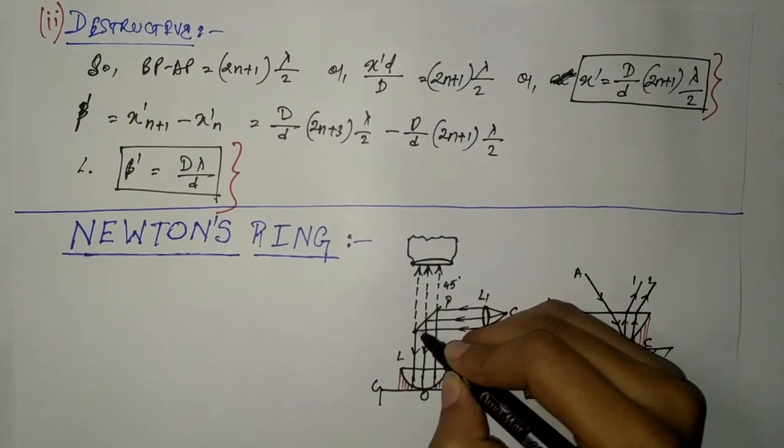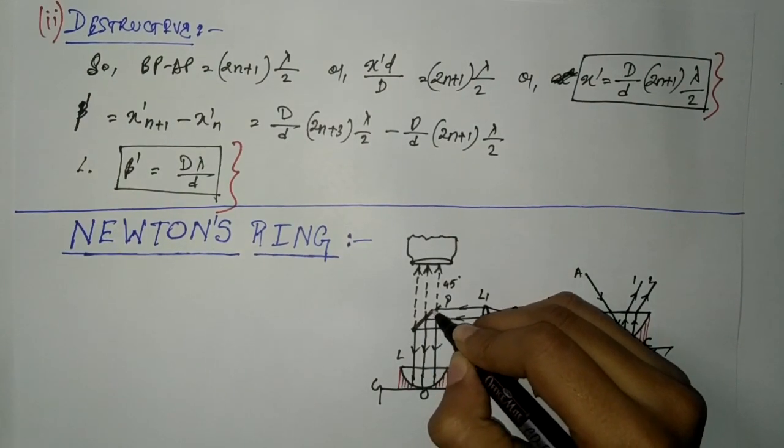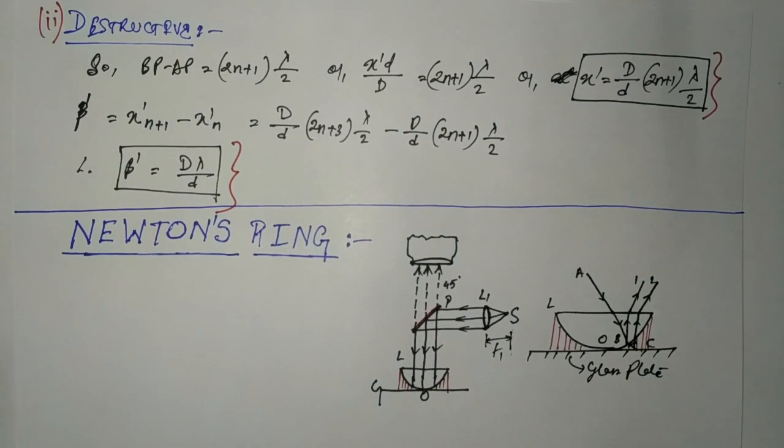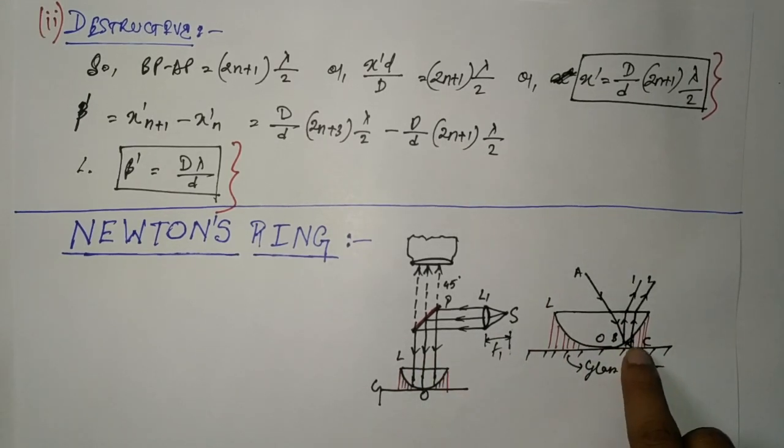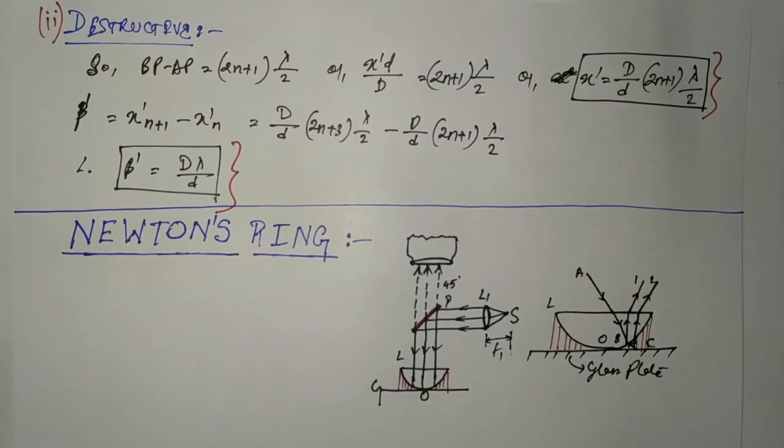Let me mark it with a different color for a better understanding. This is the glass plate inclined at 45 degrees to the horizontal plane. The rays are incident normally on the air film between the plano-convex lens L and the glass plate G. The other part enters into the air film and gets reflected at the glass plate at the point C and finally emerges from the lens. If we magnify this image here, we are just referring to this point C that again reflects back.